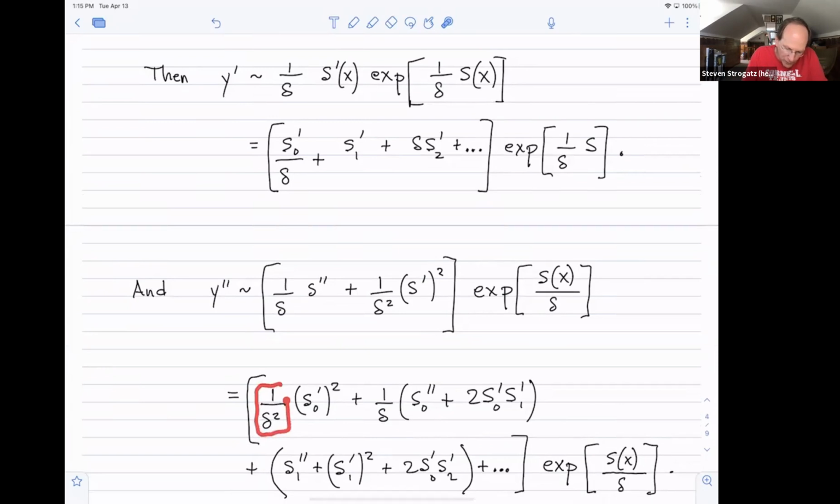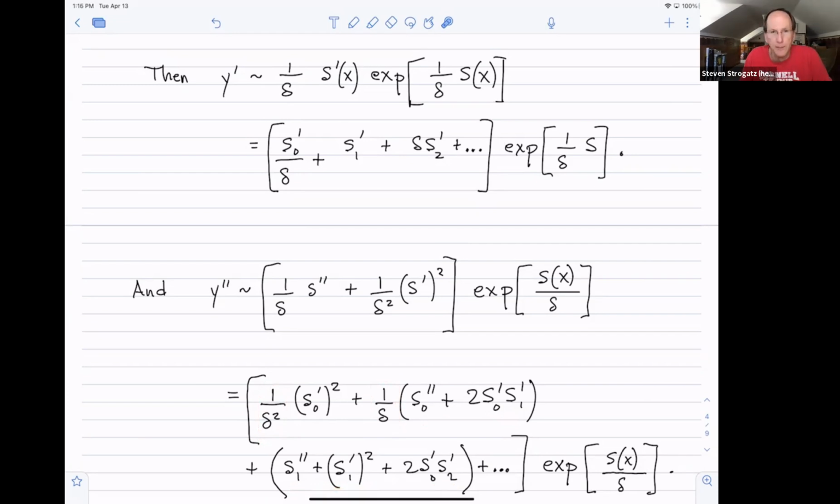The 1 over delta squared term, which we expect will be the biggest term because we're expecting delta to be something small, typically of order epsilon. So this is going to be the dominant contribution. And then there's a 1 over delta term, which is also pretty big, has a coefficient like this. And then all this stuff is order 1 relative to delta.